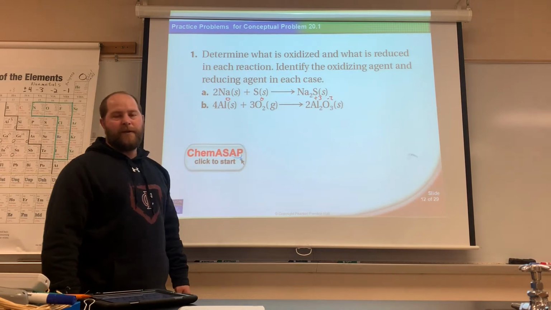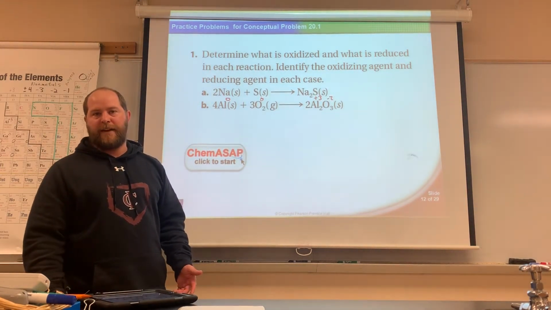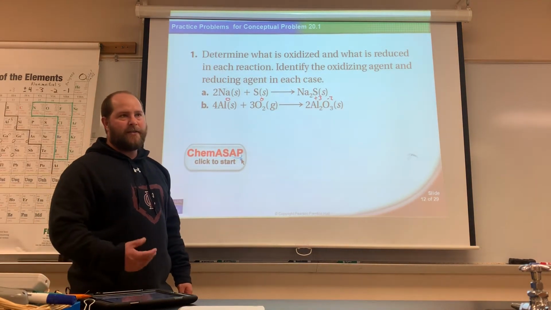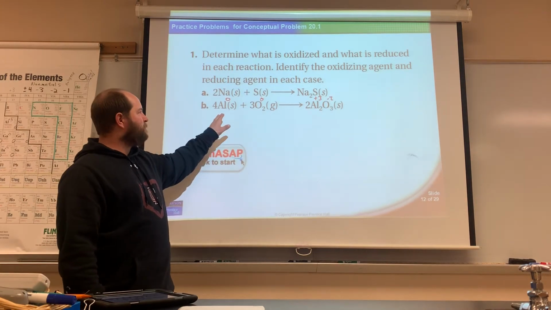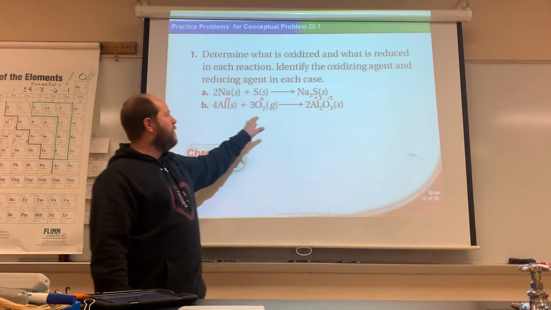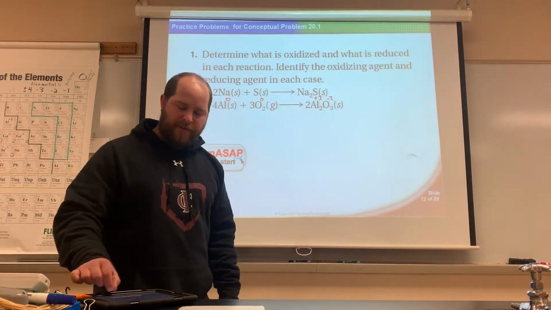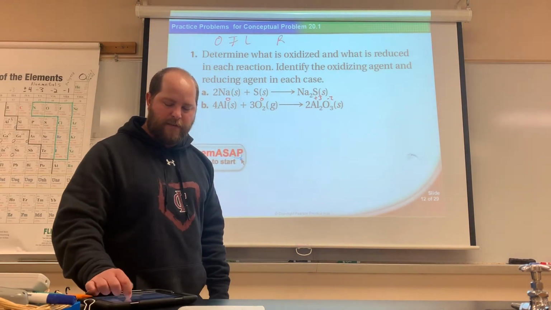All right, so we've assigned our oxidation numbers. Now we can figure out what's being oxidized and what's being reduced. So let's think about this again. Aluminum is going from a 0 to a +3. So I'll write down OIL RIG.